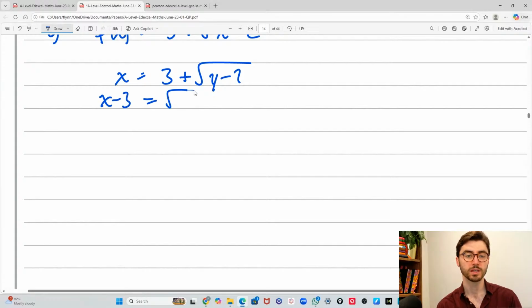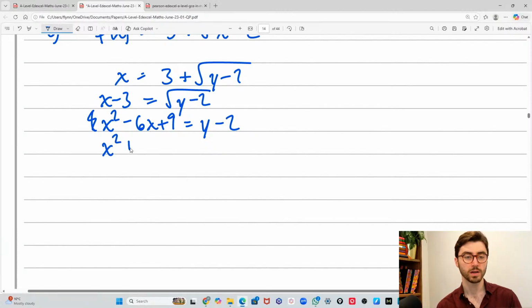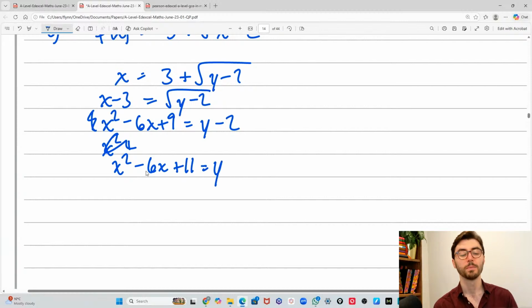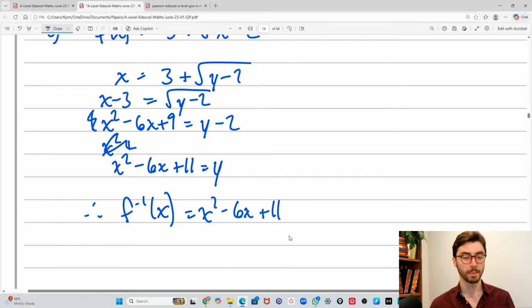So x minus 3 is the square root of y minus 2. So I'll square, so x squared minus 6x plus 9 equals y minus 2, and x squared minus 6x plus 11 is equal to y. And that is the inverse. So therefore, the inverse function of x is going to be equal to x squared minus 6x plus 11.